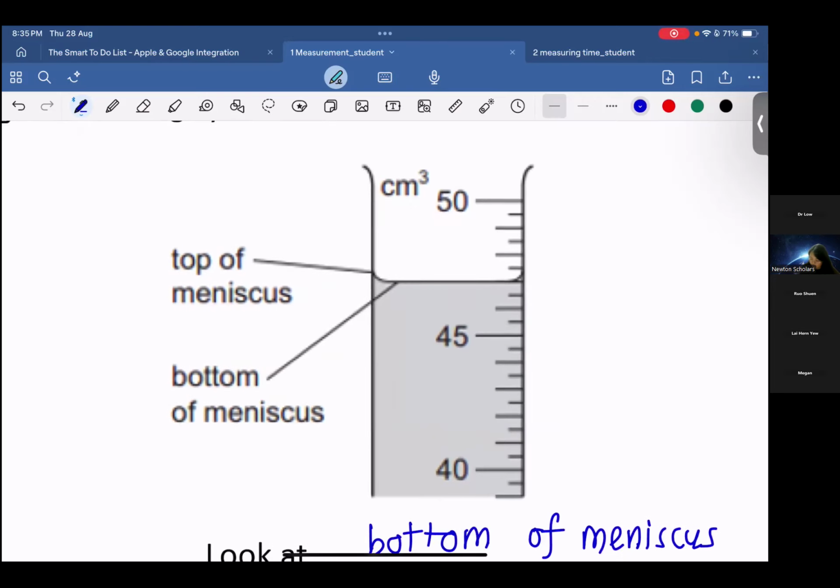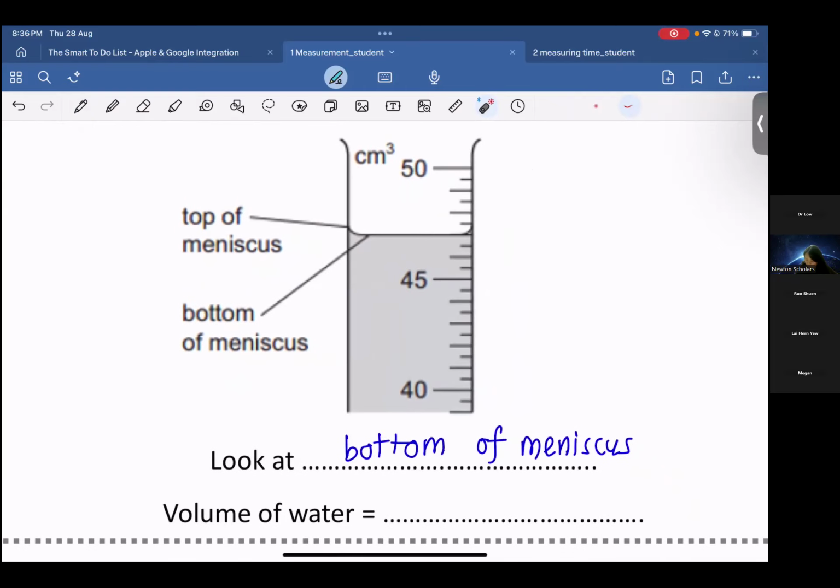Okay, we should look at this part. This reading, we should take this reading. So can you read it and tell me in this diagram what the correct reading of the volume of the water should be?